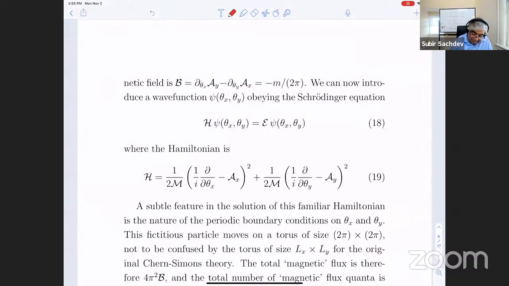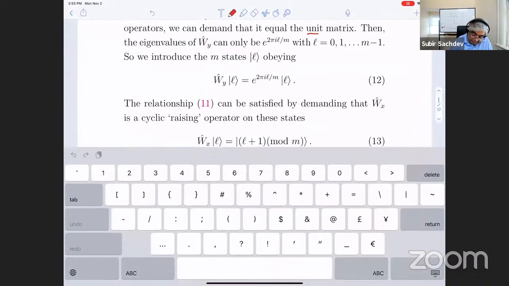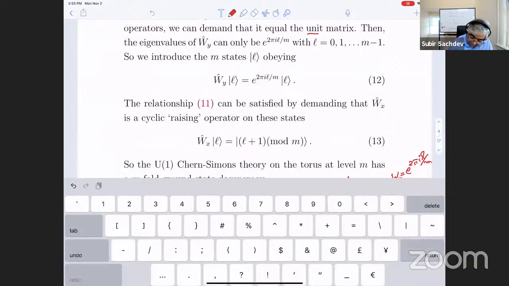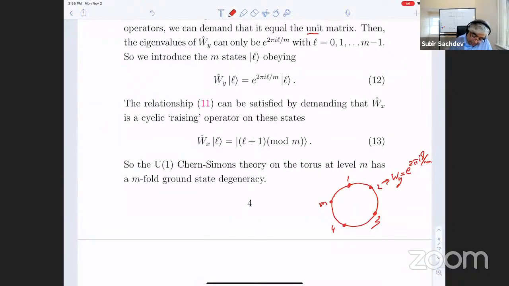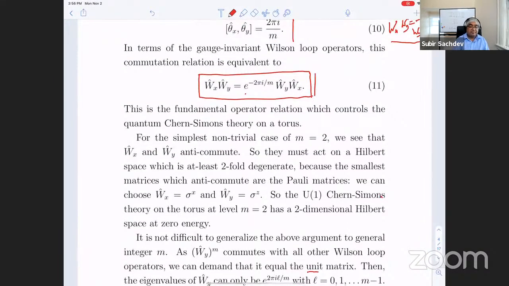And Wx is just an operator that takes you from one state to the other, takes you around the circle. So Wx is like the clock operator, it moves the clock forward, and Wy is the operator that points to the m points on the clock. If you take these states and these operators, you can see that's the simplest solution to this relation.